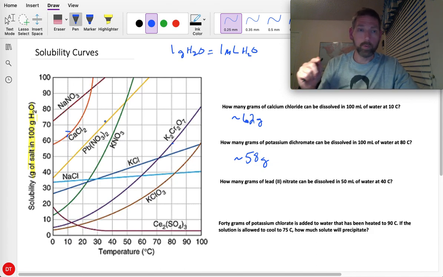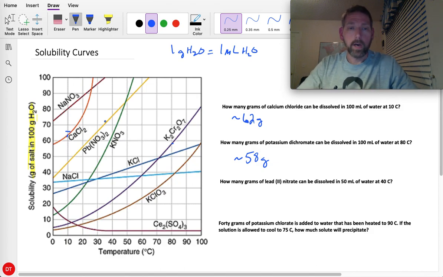I mean, the lines are perfectly straight. And that happens with certain types. You'll notice that two of the nitrate compounds on here, sodium and the lead II, have that. The potassium, notice it's not quite like that.